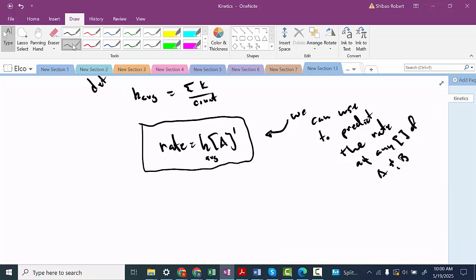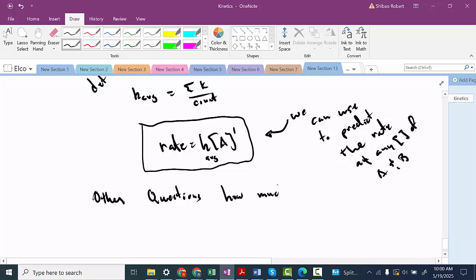However, there's more questions that we would like to get answered, and for example, how long? Other questions come up. This will be how kind of the rate, the velocity of the reaction. But the other questions will be, how long, how much time will it take?